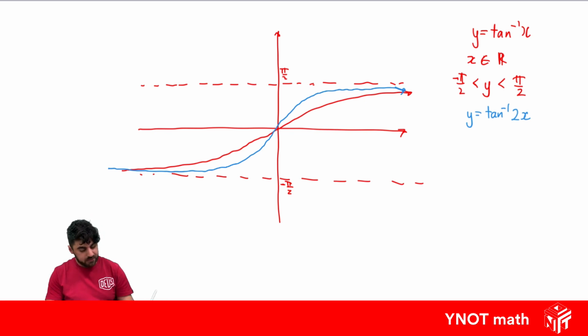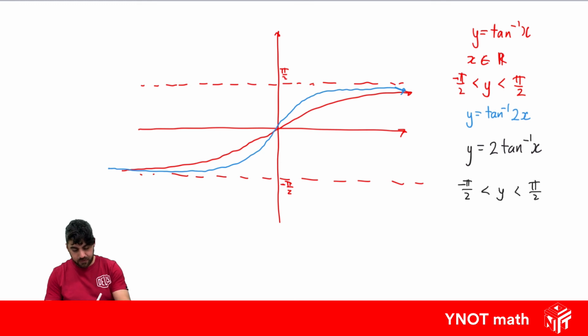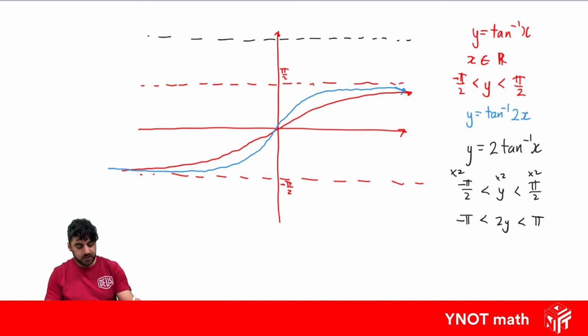But let's have a look at another example: y equals 2 times the inverse tan of x. This time for our range, we're multiplying everything by 2, so we can do what we did before. We take our range and times everything by 2 to make it look like 2 times the range, and we get -pi and pi for that range, which means we have new asymptotes at pi and -pi.